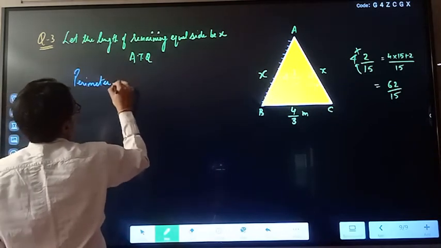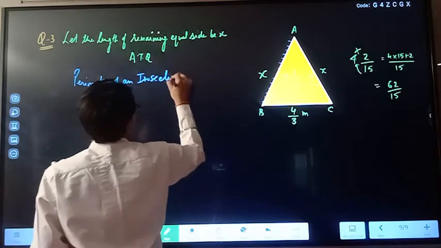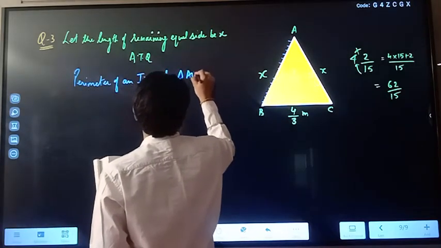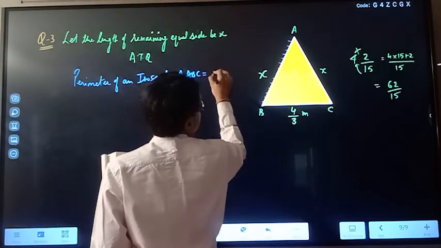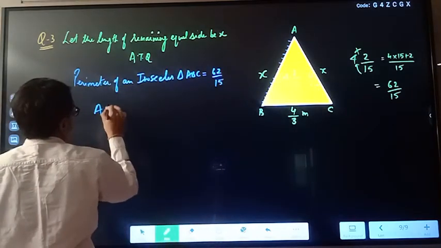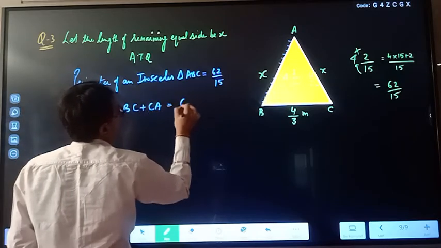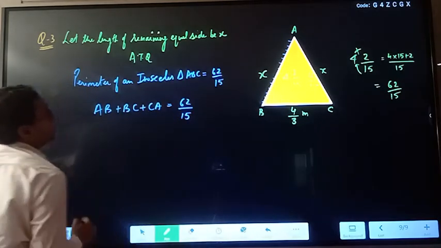Perimeter of isosceles triangle ABC is 62 by 15, which is equal to AB plus BC plus CA is equal to 62 by 15.